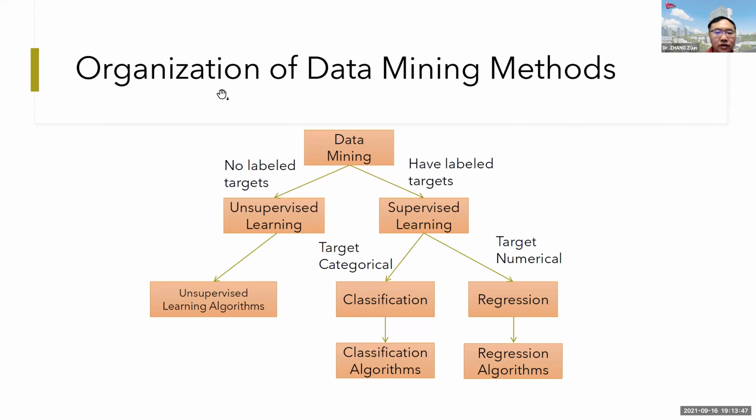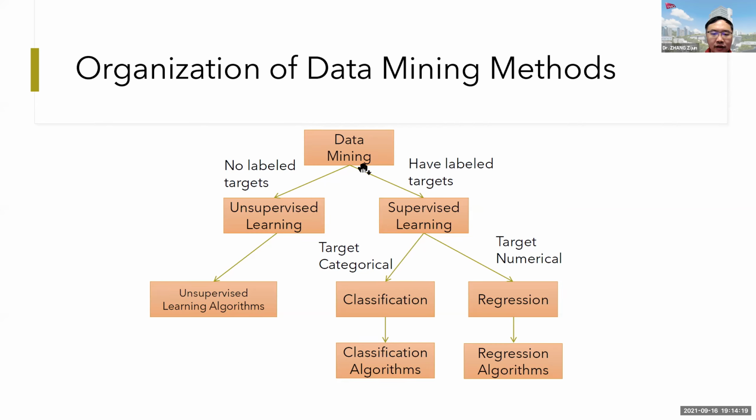This figure shows a hierarchy of how we differentiate the characteristics of different data mining methods. First, assume we have a pool of all data mining methods existing nowadays in the world together. Then we can partition them into two sets: one is called unsupervised learning methods, and the other is called supervised learning methods.